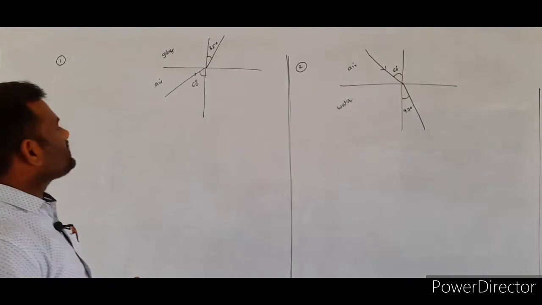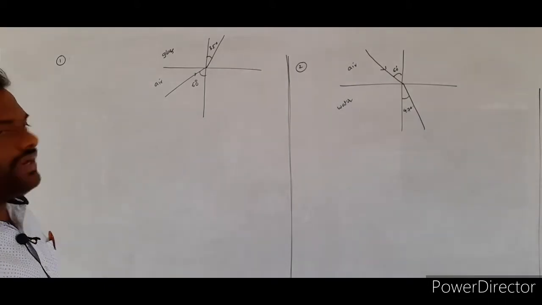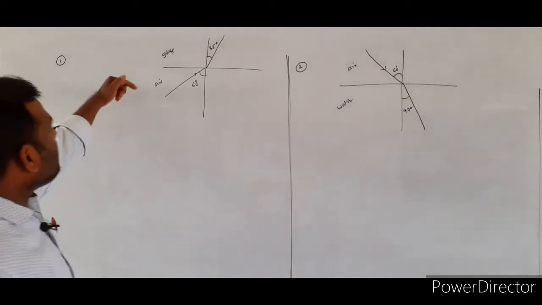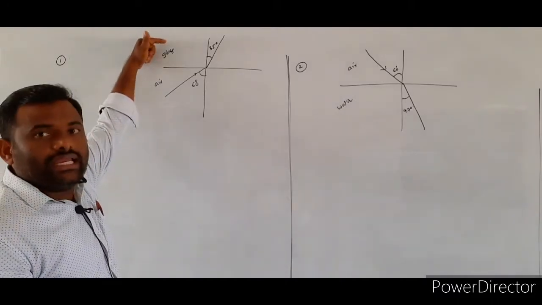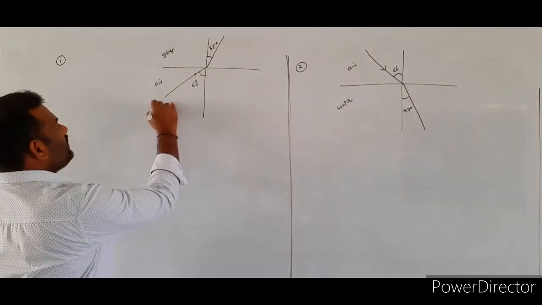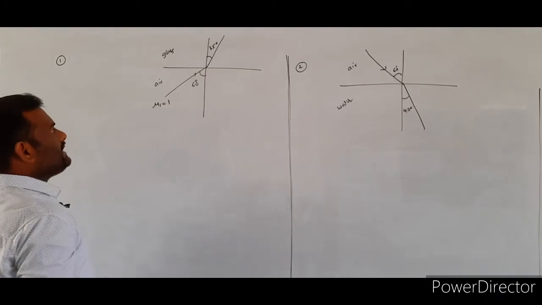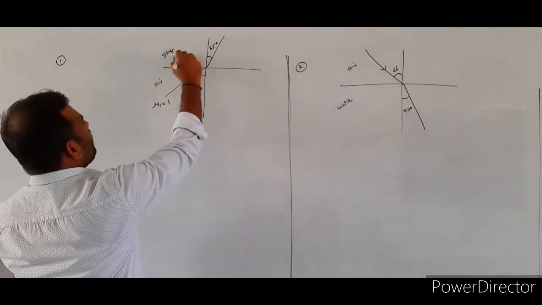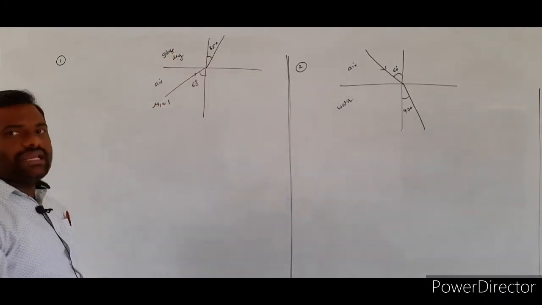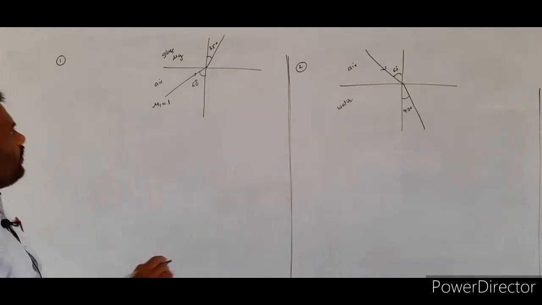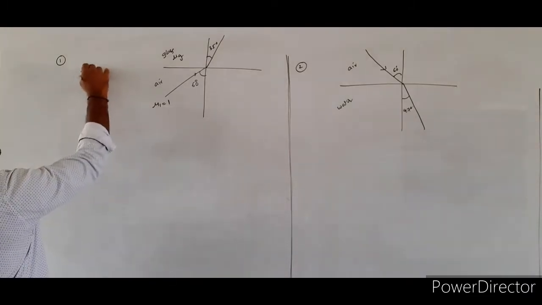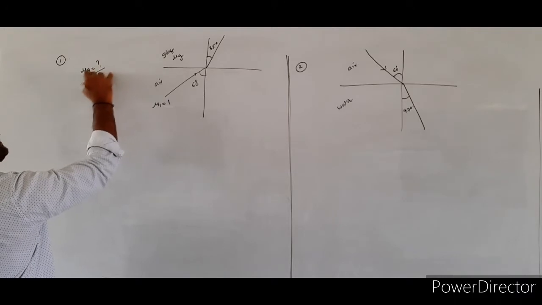Now coming to the first one, where is the light traveling from and to according to the first case? Light is traveling from the air medium to the glass medium. For the air medium, the refractive index value is taken as 1. For the glass medium, I am assuming the refractive index of the glass is mu g. From the first case, I want to calculate the refractive index of the glass.